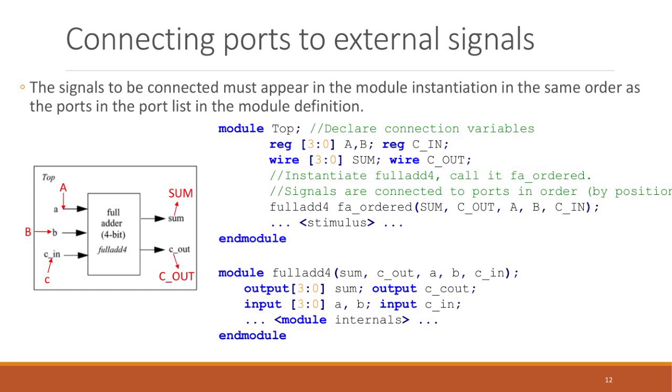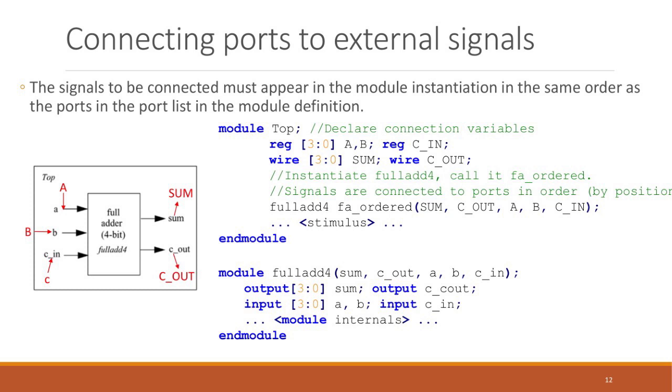This is similar to the way you pass arguments to C functions. You have to pass them in the same order as they are defined in the function declaration. But as I told you earlier, you should not think of Verilog module instantiations as function calling, because they are two different things.